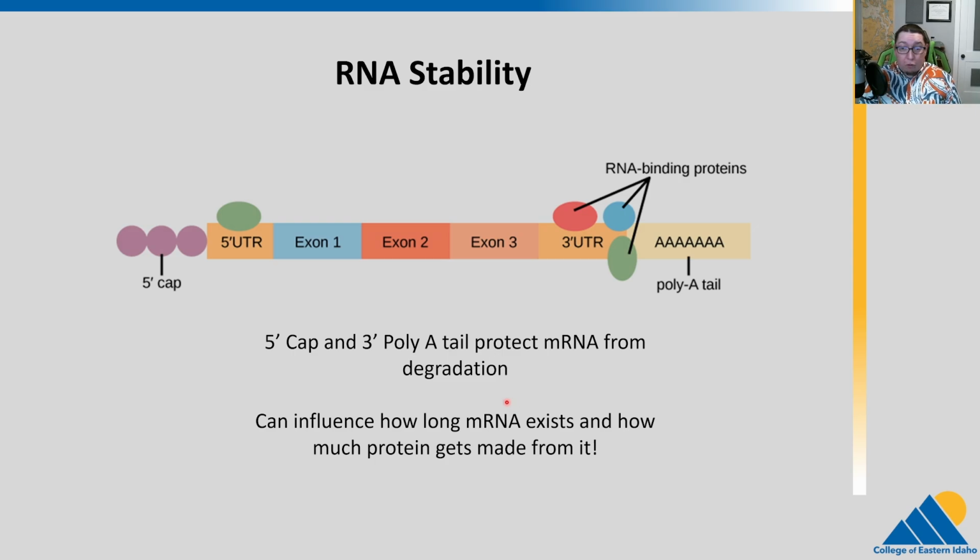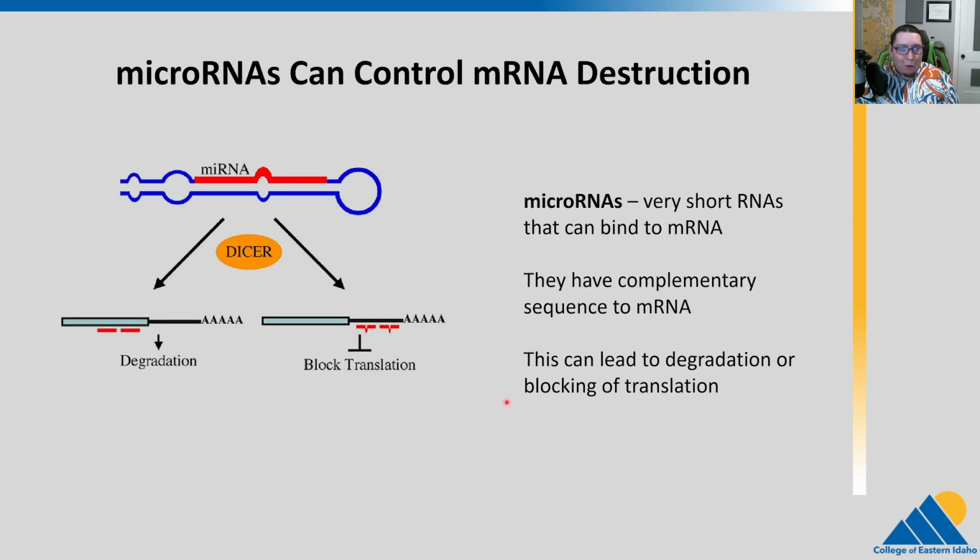Okay, there's also ways of influencing mRNAs through other means. So these are called microRNAs. MicroRNAs are a short non-coding RNA that can bind to mRNA. So here's the structure of a microRNA. It makes a hairpin loop structure, and there is part of the microRNA that is complementary to the mRNA. So that means it can base pair with it.